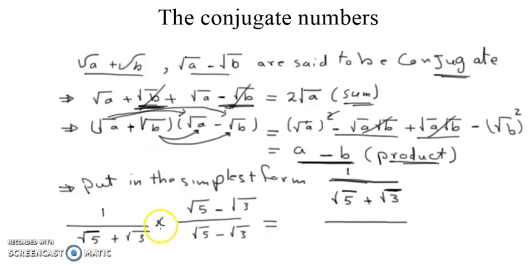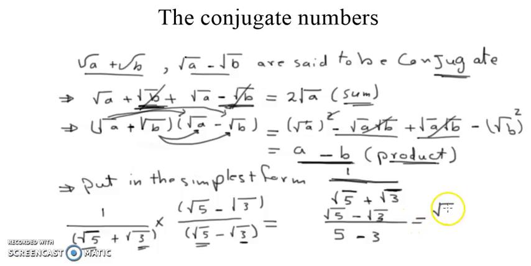This equals 1 times these brackets, the same, so it will be square root of 5 minus square root of 3 over the difference of two squares: the first squared, square root of 5 squared, which is 5, minus square root of 3 times square root of 3, which is square root of 9, which is 3.